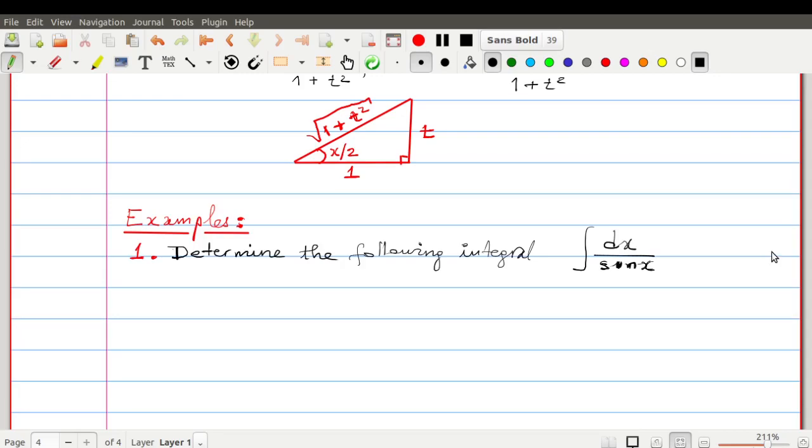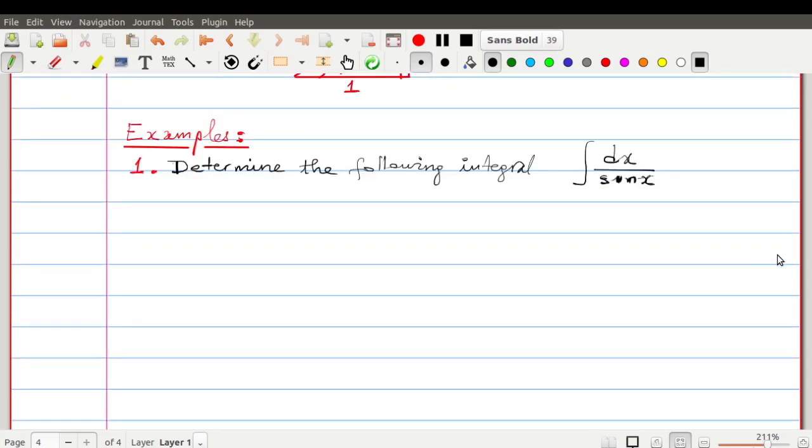So, as we know already, we let t be tan of the half angle x by 2. We know already what sine x is, right? Of course, we can first differentiate to get dt, because we need to replace the dx.